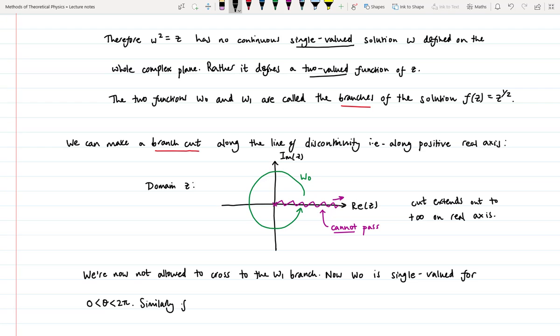Similarly, for W1, the take-home message of what a branch cut does is we get self-consistency of the branches at the expense of a discontinuity at a cut we can never cross.